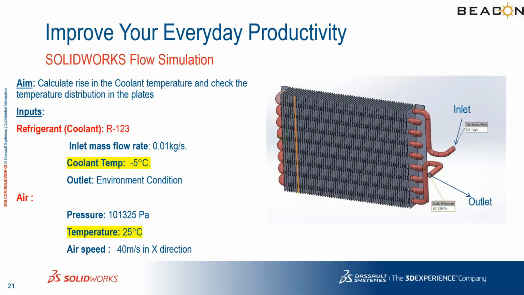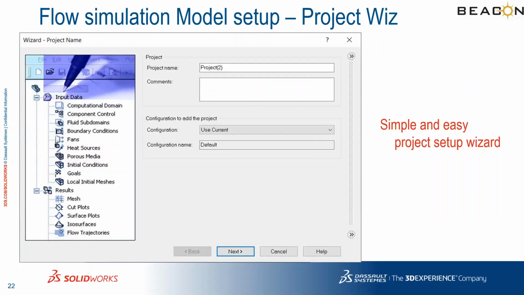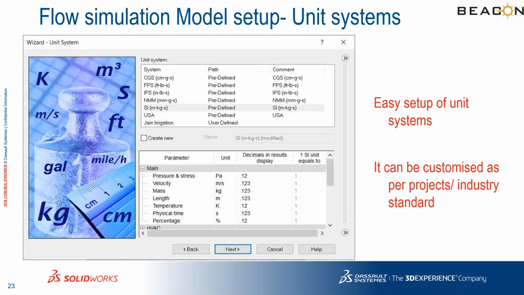So if I go and simply enter into the flow simulation model setup, the first thing I encounter is the Flow Project Wizard, where we can enter the project name and the configurations that we are currently using. Once these values are entered, we can define the unit system of our choice, and this unit system can be customized according to our standards or industry.